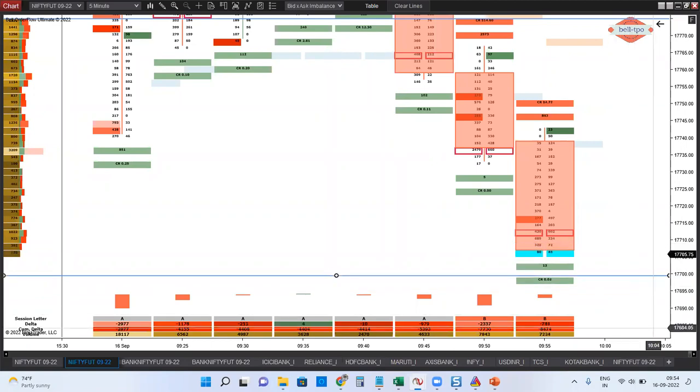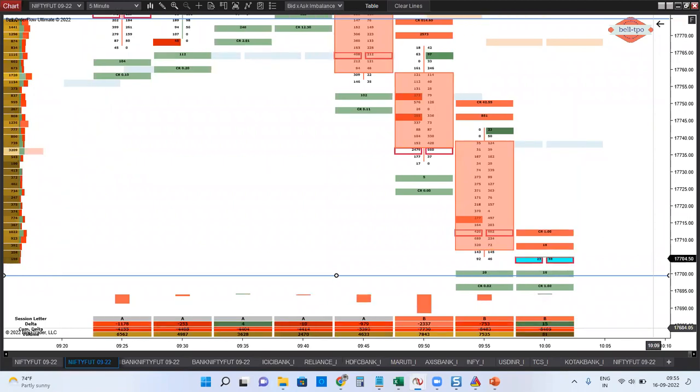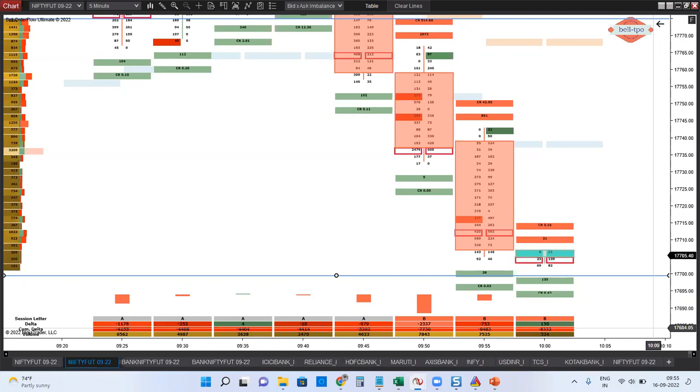17,700 is the target for the cluster breakdown. See, just because the high confidence price action is there, momentum trading is happening, and price targets are getting revisited much faster. Otherwise, in a low confidence market, we will shrink our target.